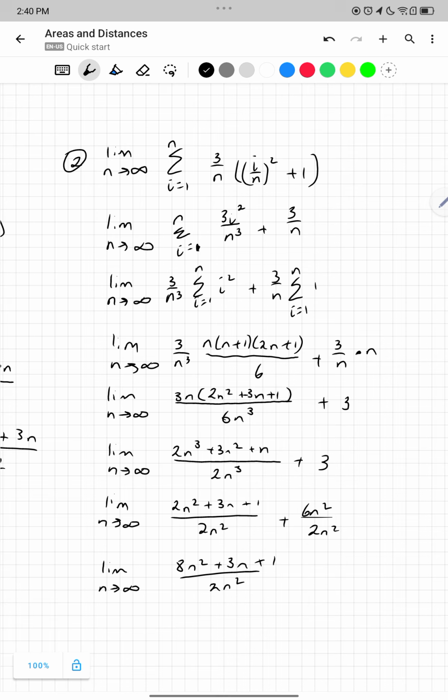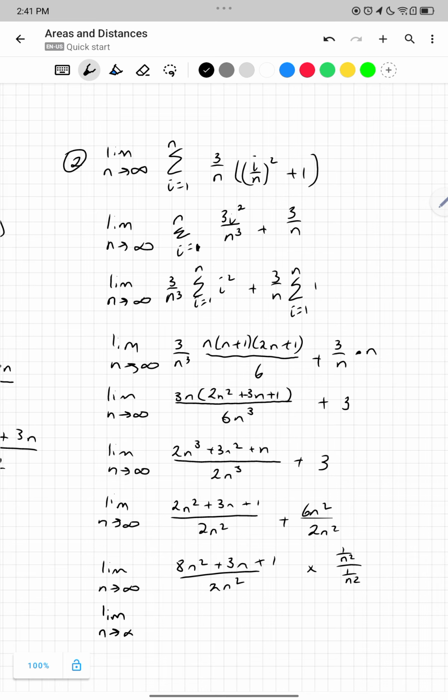So you will get, multiplied by 1 over n squared, the highest power of the denominator.